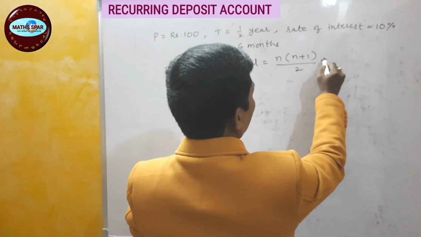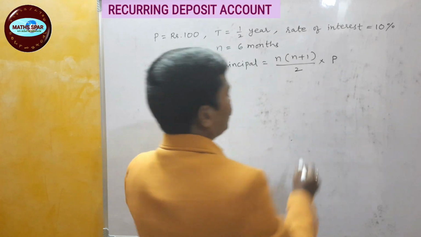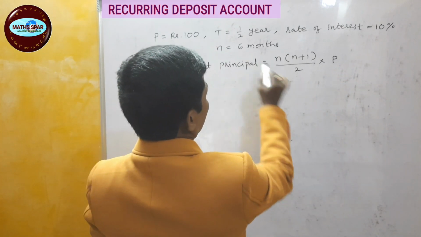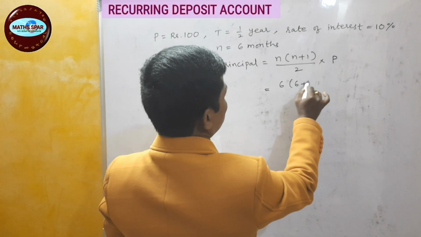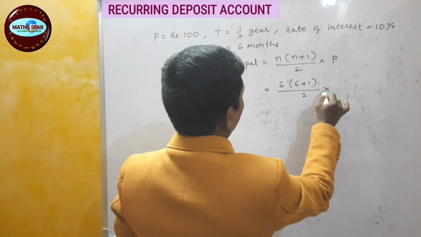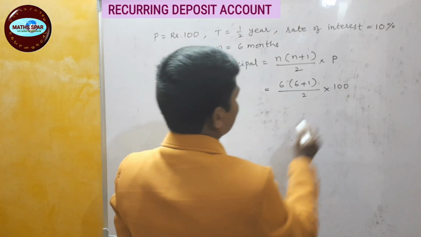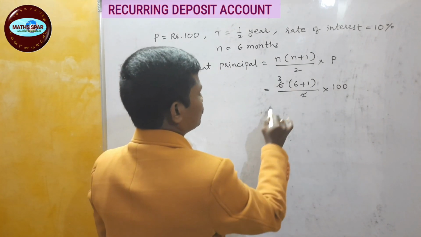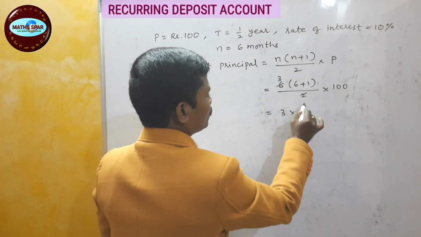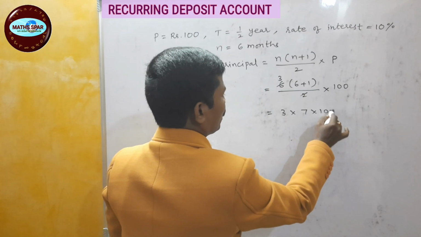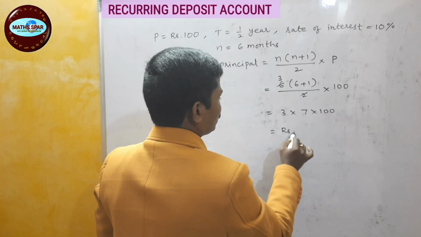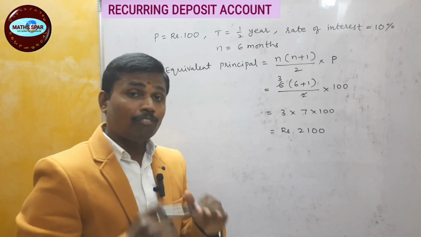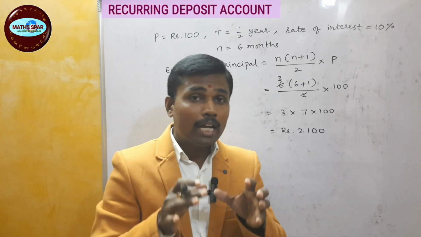This multiplied by the principal, means the monthly deposit. So here 6 into 6 plus 1 by 2 into 100 rupees, that is 2 ones, 2 threes, so 3 into 7 into 100, this is 2100 rupees.